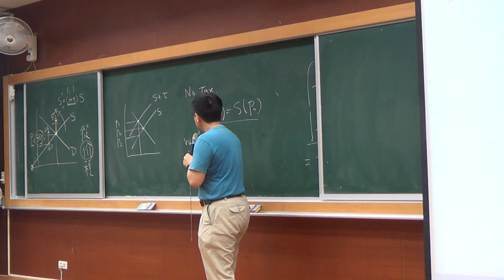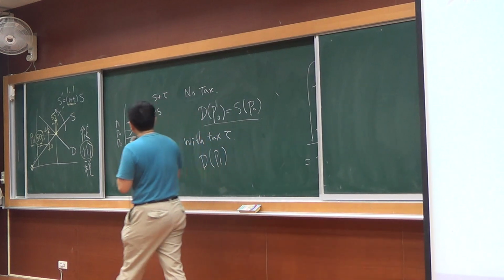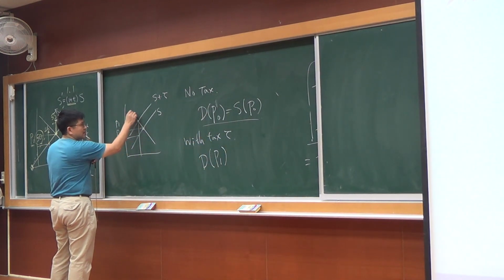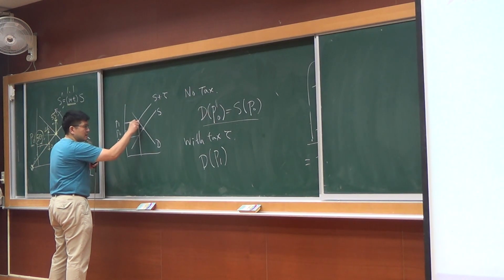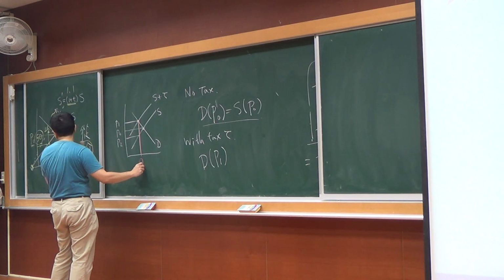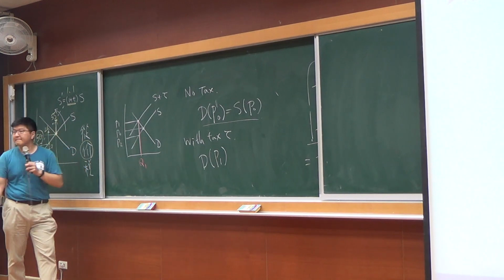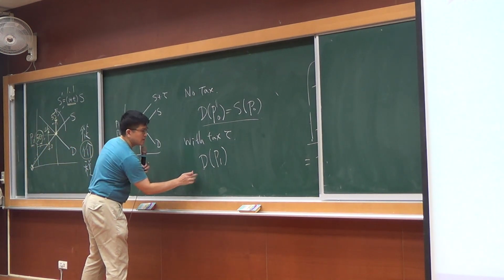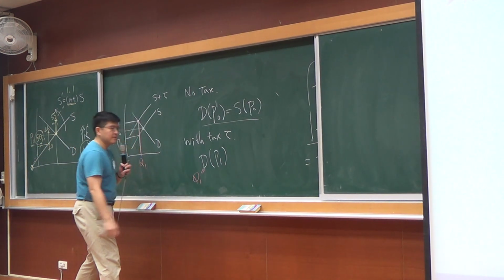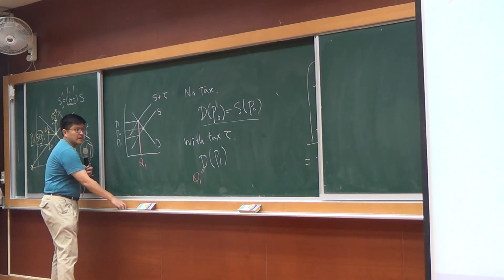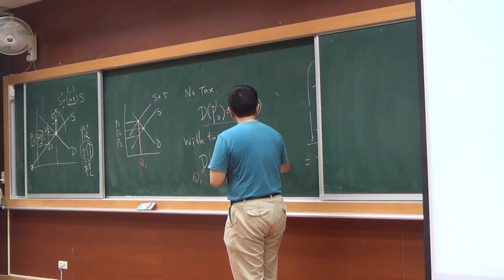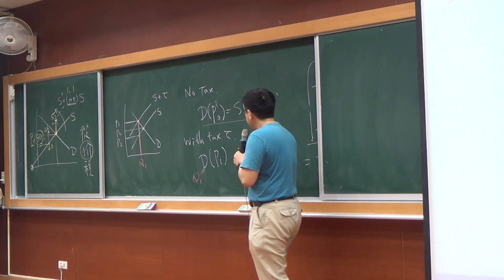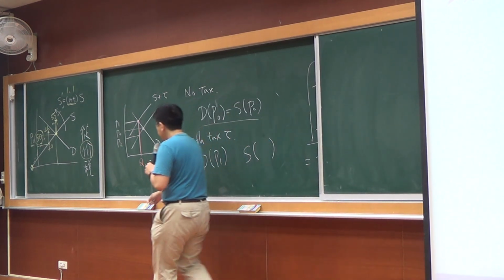At P1, the quantity demanded would be this Q1, okay? So this is Q1. And supply, which price can make the quantity supplied equal Q1?